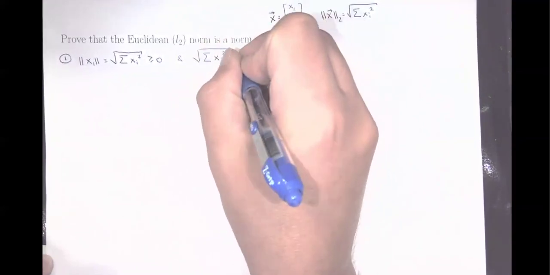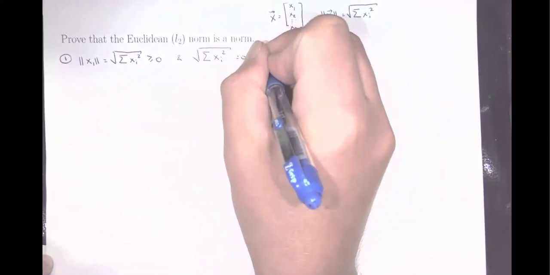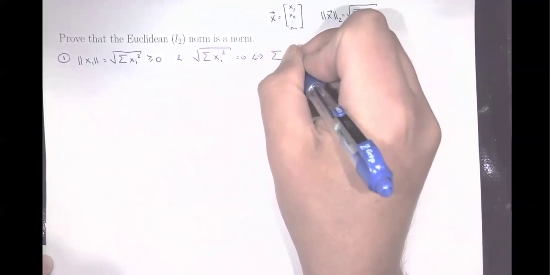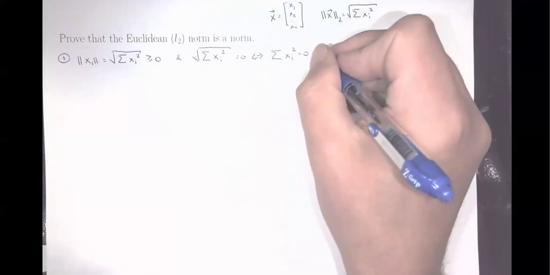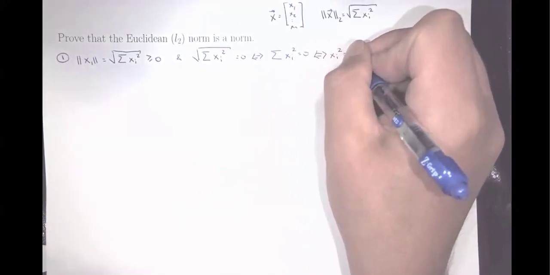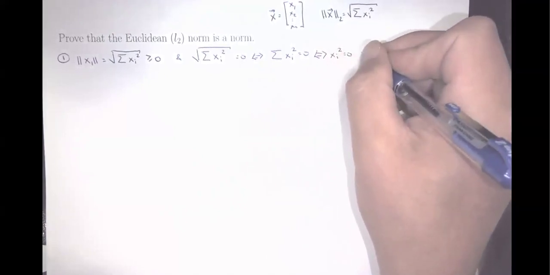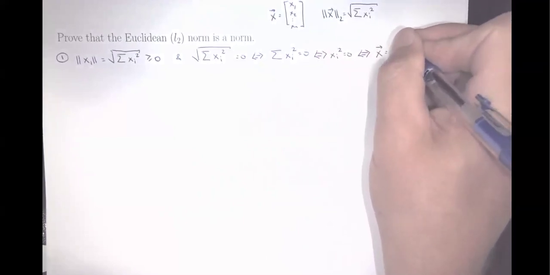So the sum of the xi squared is equal to 0 if and only if, if you add a bunch of squares together, since every perfect square is greater than or equal to 0, the only way a bunch of perfect squares are equal to 0 is if each xi squared is equal to 0, which means that each xi is equal to 0, which means that our x has to be a vector of zeros.